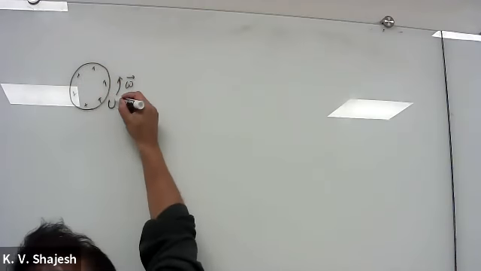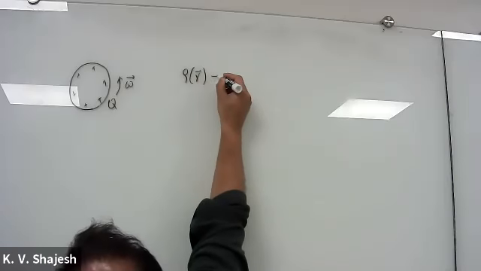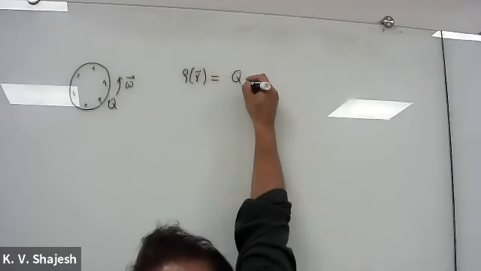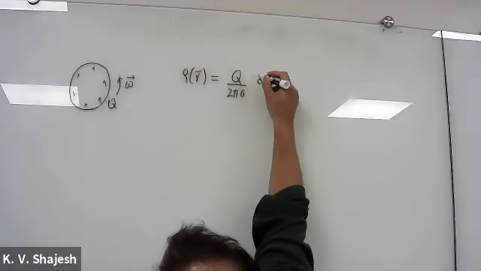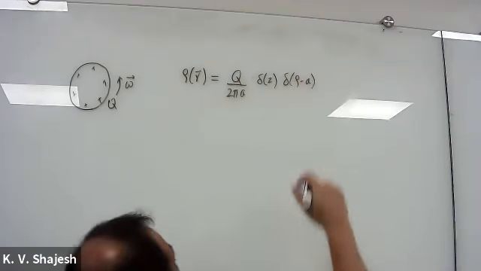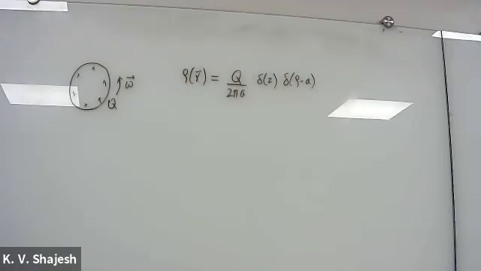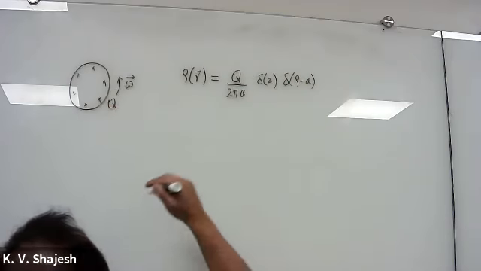First of all, this has total charge Q. So the charge density for this is Q over 2 pi A times delta of Z times delta of rho minus A. And that should be straightforward. Then we ask, what is the current density? It has a current density because it's rotating.